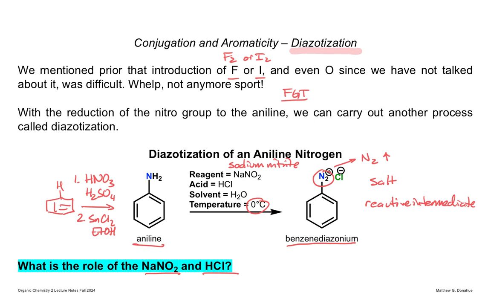So what is the role of N2 and HCl? If you look at the aniline, you're starting with 2 hydrogens, and then to make the benzene diazonium, you have N2. So it's supplying that second nitrogen, and it's also getting rid of those 2 hydrogens to form that intermediate.